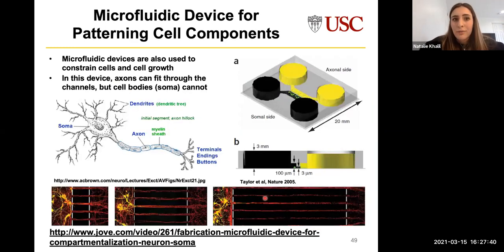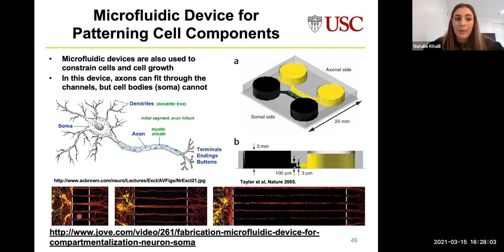So another application in research is to separate cell components. In this device pictured here, there's a microfluidic channel with pores that are large enough to enable axons to extend through, but small enough to inhibit the soma, or the cell body of neurons, from passing through.